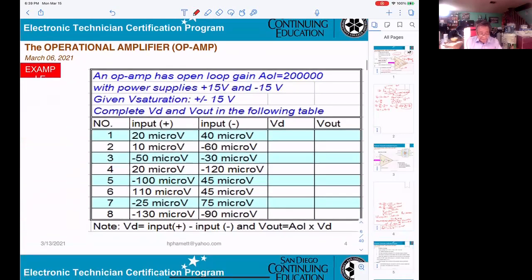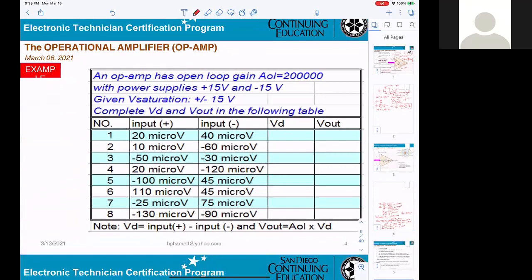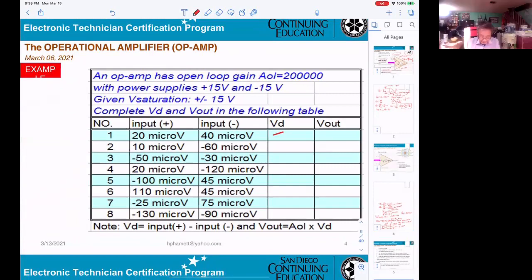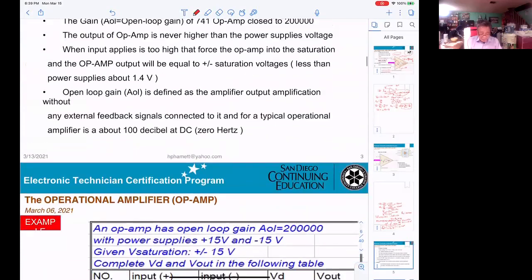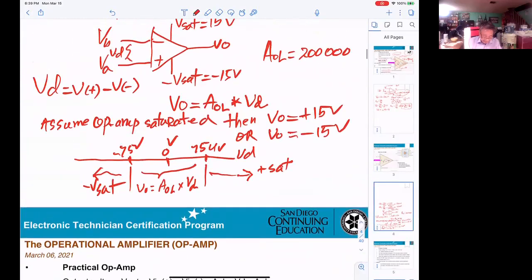Now in here, they give an input positive, input negative. What VD equal? Tell me. Negative 20. Minus 20. Okay, so the first one you calculate a minus 20. That means they will be inside here, right?